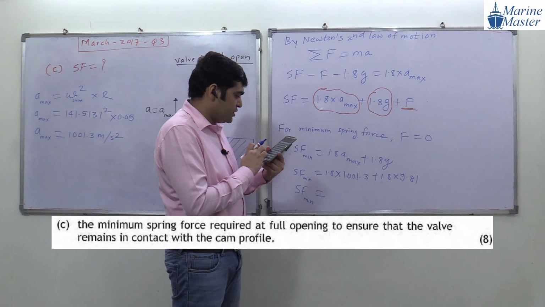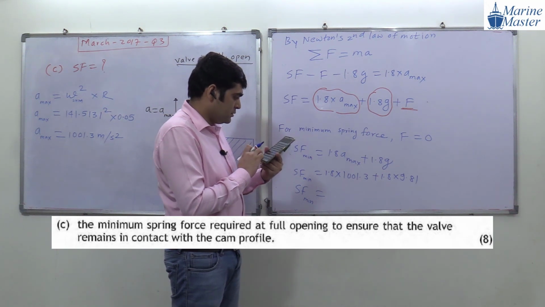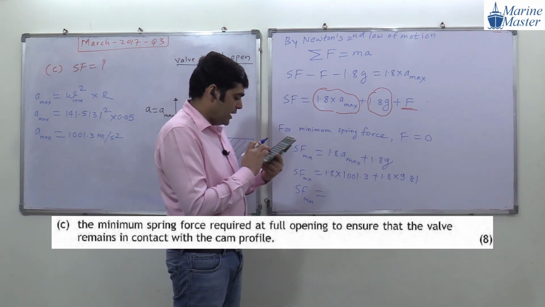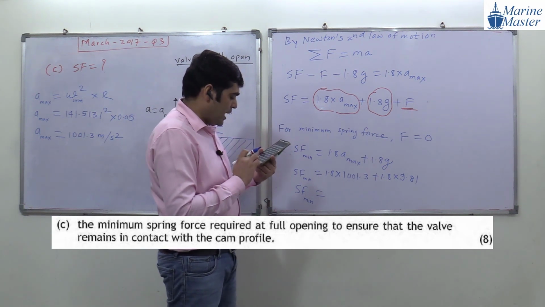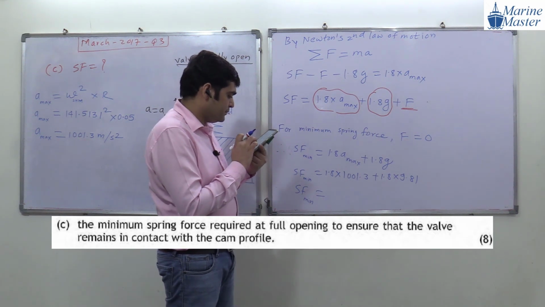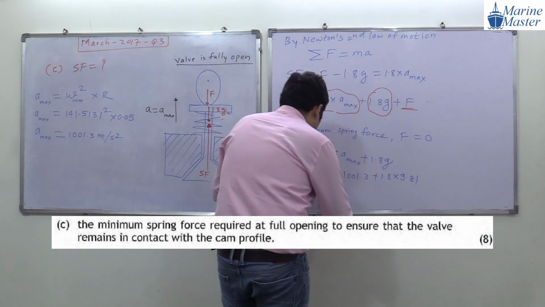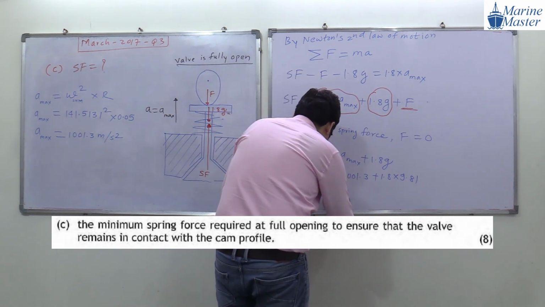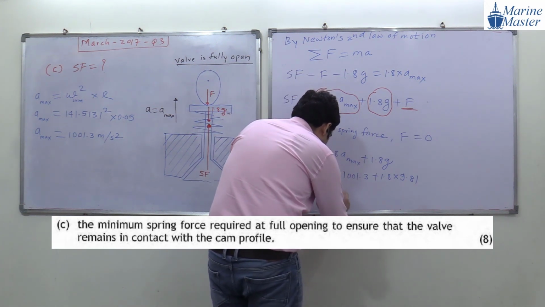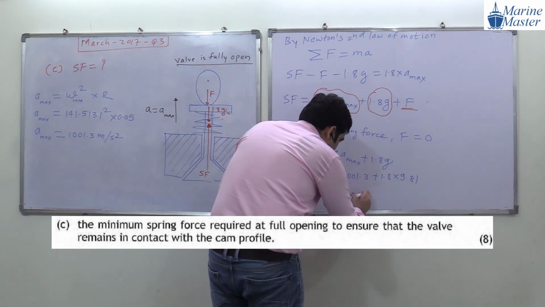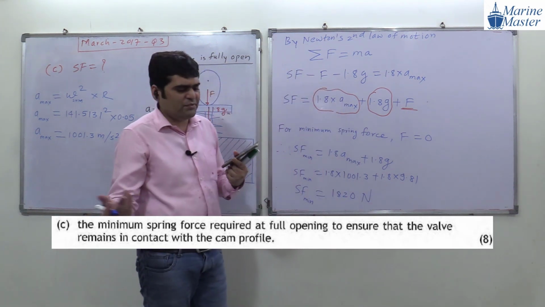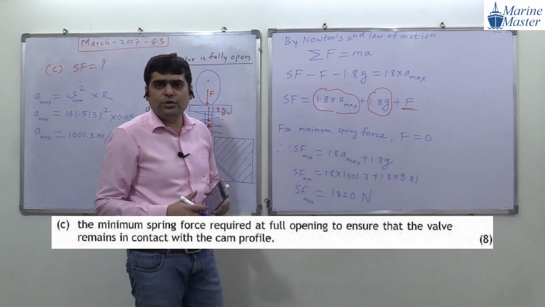1.8 into 1001.3 plus 1.8 into 9.81. Okay, how much value are we getting, everyone? Okay, 1820. So can I take 1820 Newton? We can say it as 1820 Newton.